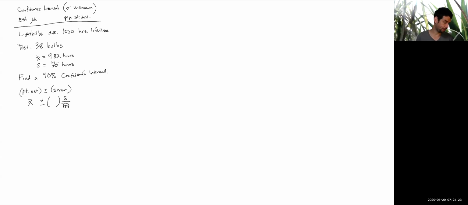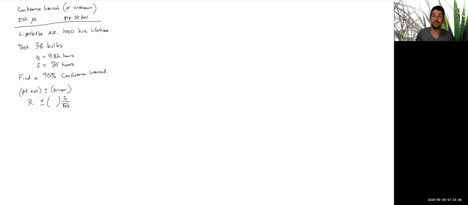Here's the difference, okay? We have less information, right? In the previous examples, we knew the population standard deviation. So we're trying to estimate a population mean, and we know something about the population standard deviation. We have more information, right? Well, we don't have that information now, which means with less information, our estimate should be a little less good, right?